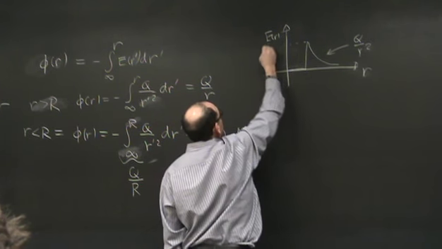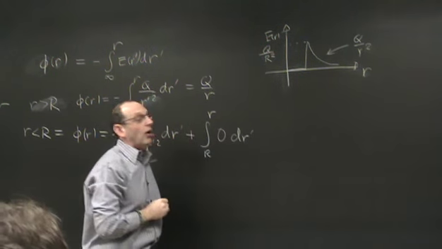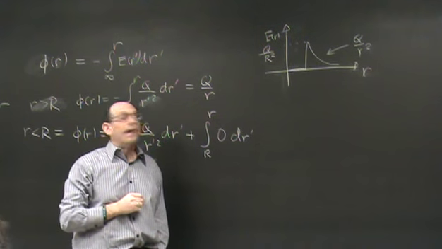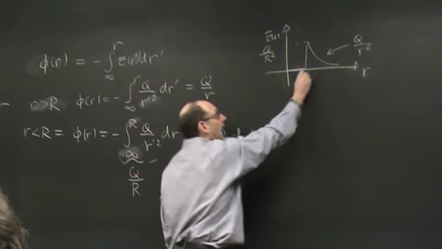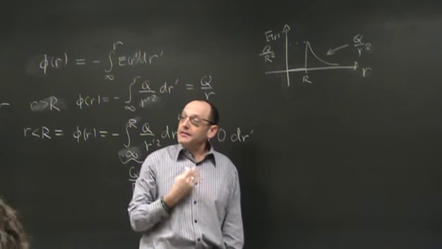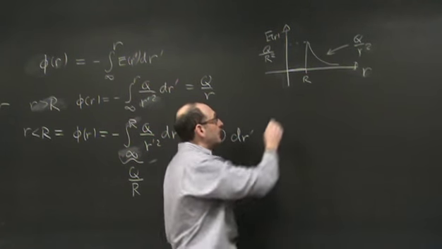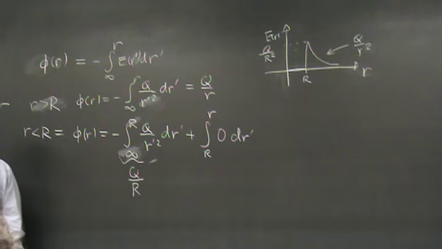The electric field at this point is Q over r squared. And there is a discontinuity in the electric field at the radius of the sphere.